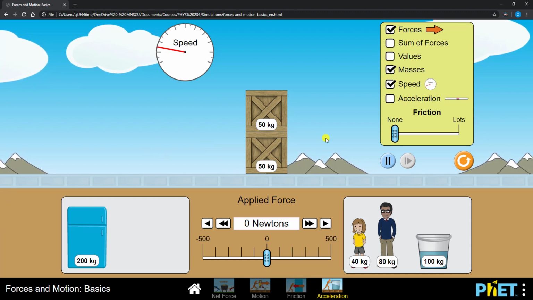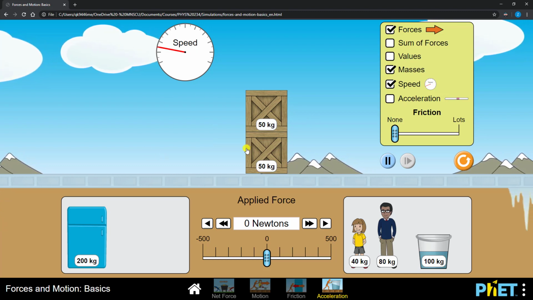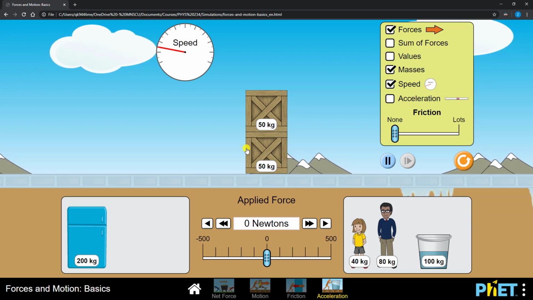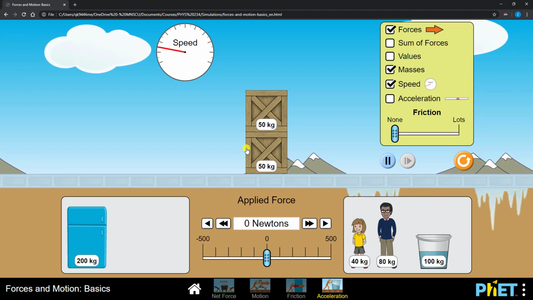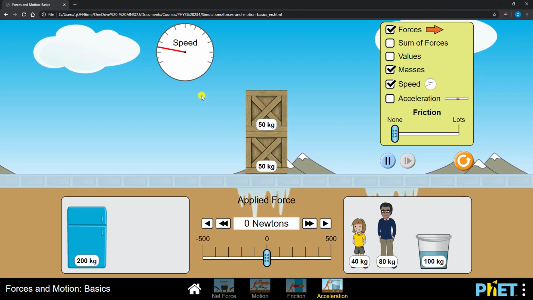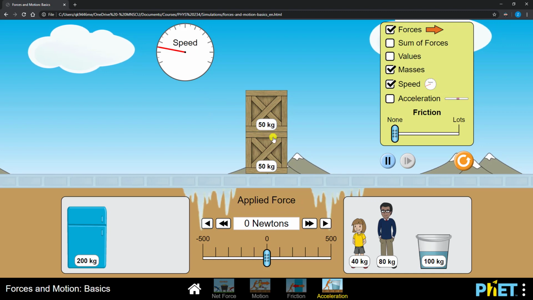This doesn't simulate outer space, but if you think about outer space, nothing really stops us. There's no friction between you and the vast vacuum, right? So you could be floating away if you're not paying attention. So that's Newton's first law.